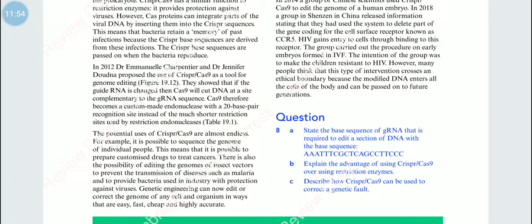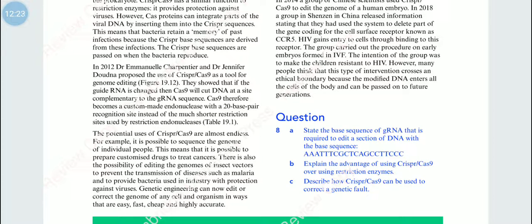With restriction endonucleases, there were limitations, because we could not predict what was going to happen. As a result, the possibilities of this are going to be medical uses and pre-medical uses.